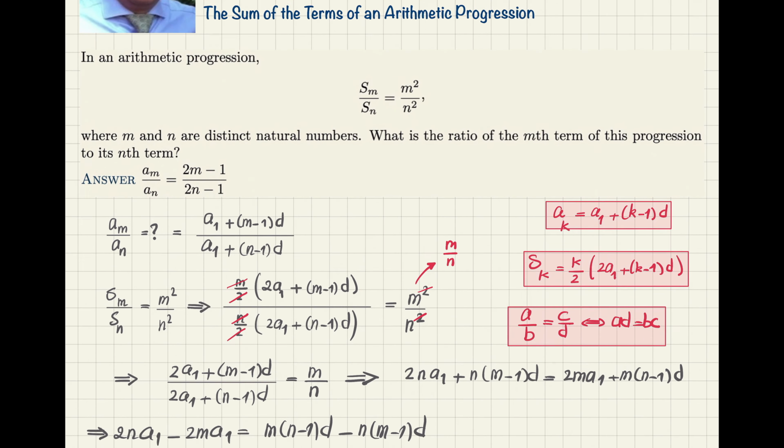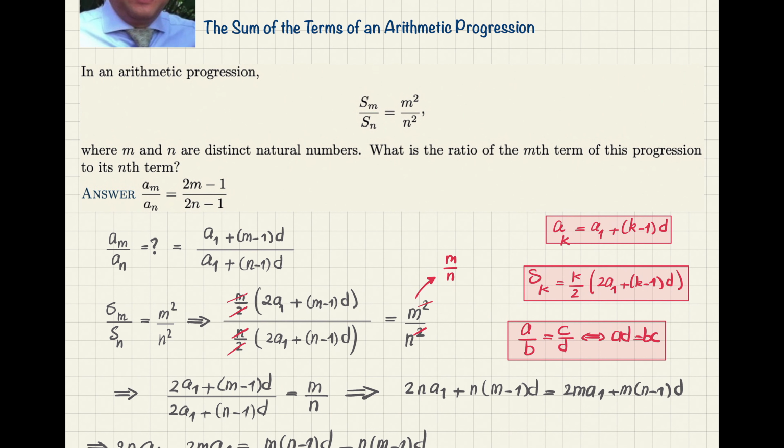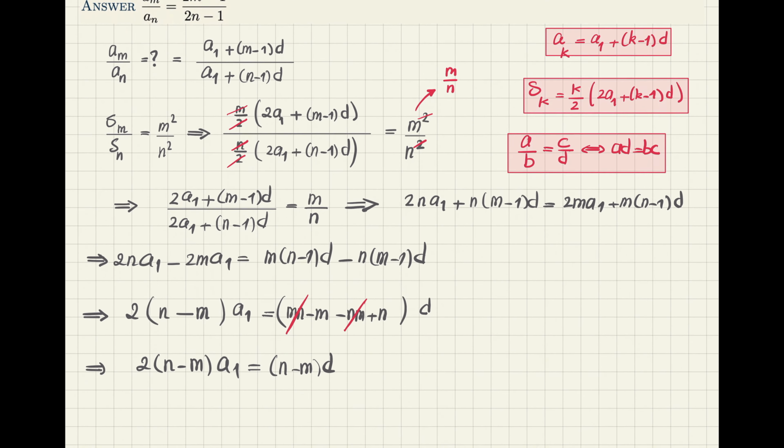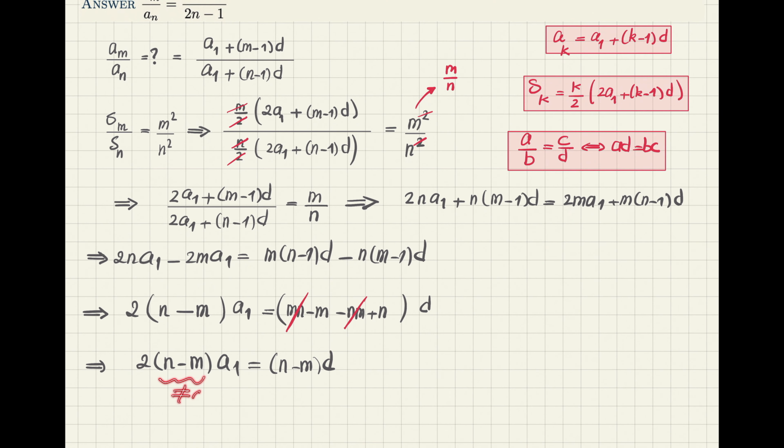And it is mentioned in the problem that these two, m and n, are distinct natural numbers, so this means that definitely this number is not equal to 0, so I can safely cancel this out. Yes, so this implies that 2 times a1 is equal to d. So this is the relation that I find for a1 and d.